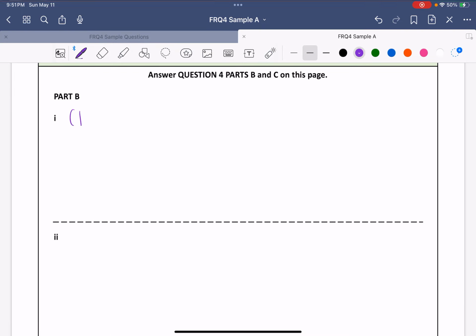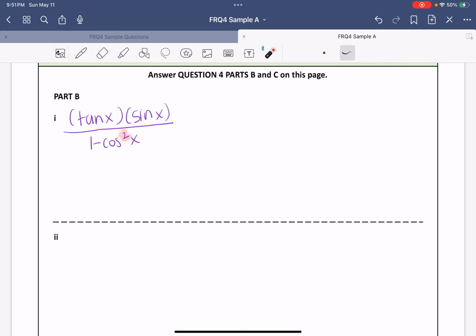Okay, so we have tan x sine x over 1 minus cosine squared x. Anytime I see a trig function that's been squared, and there's also a 1 close by, so there's a 1 right here, I automatically think of Pythagorean identities.